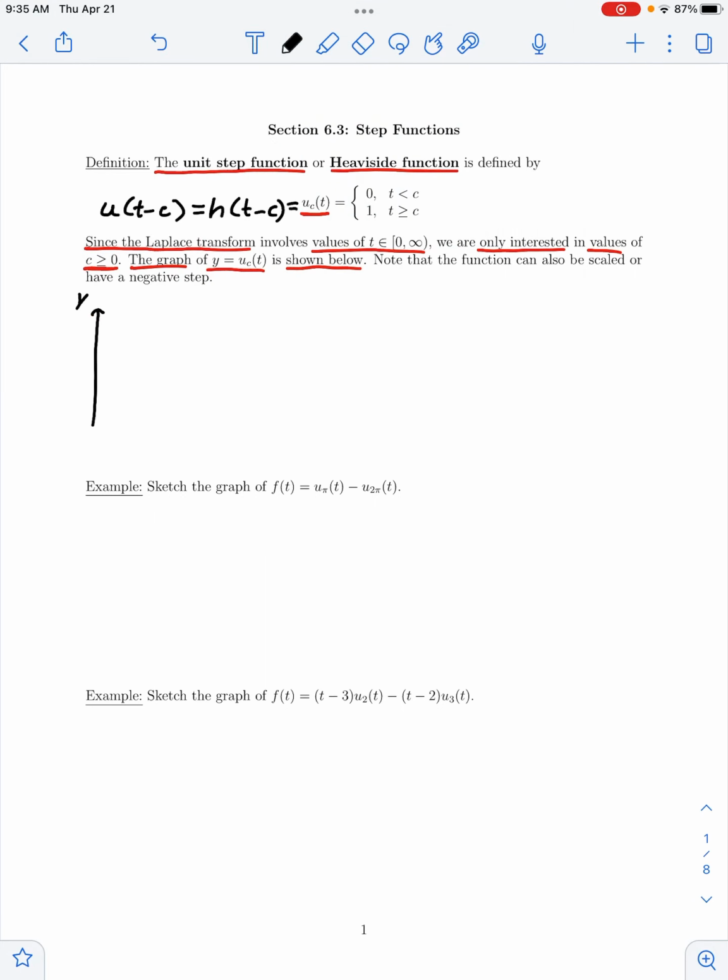We have in the ty plane the graph of y equals u sub c of t, and it's the function which is defined as 0 for all values of t up until the time t equals c, at which point the value of our function jumps up to 1 and is defined as a constant 1 for all time greater than or equal to c.